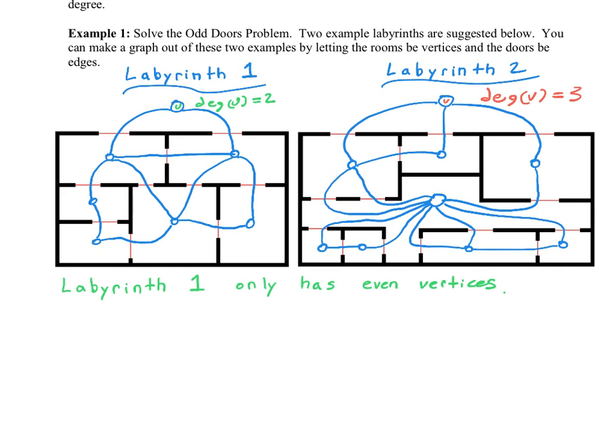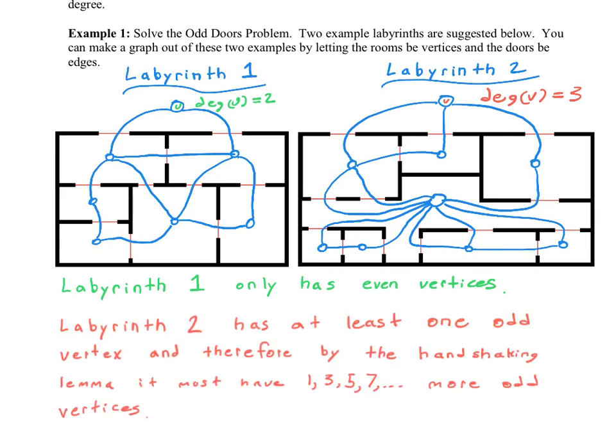So we know that there's at least one more odd vertex inside of the labyrinth by the handshaking lemma. So we can write that labyrinth 2 has at least one odd vertex, and therefore by using the handshaking lemma, it must have a grand total of an even amount, so 1 or 3 or 5 or 7 more to make that grand total an even amount.